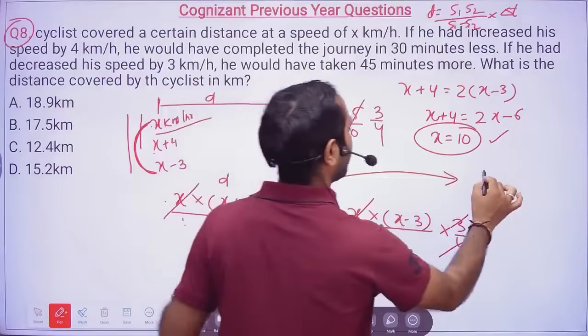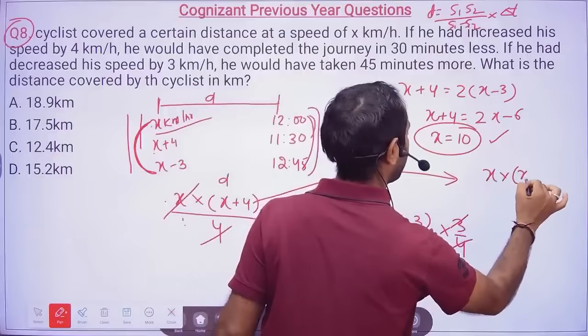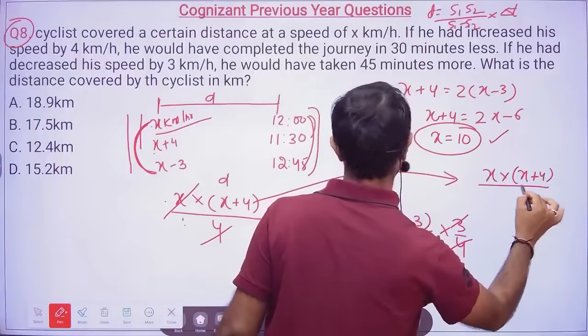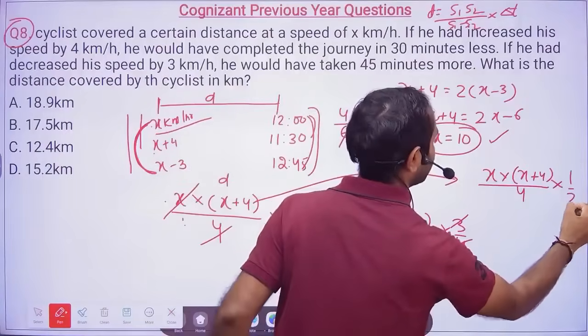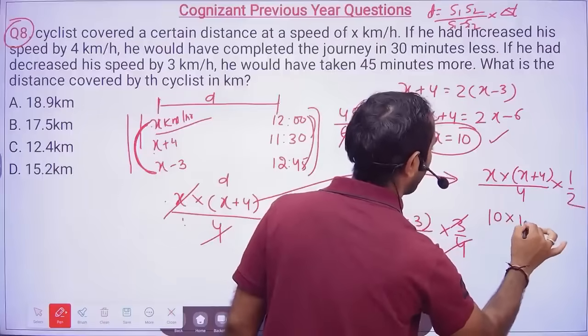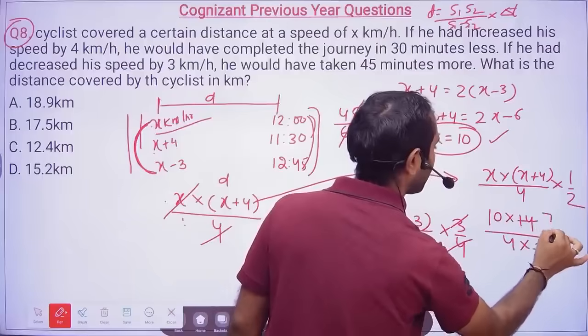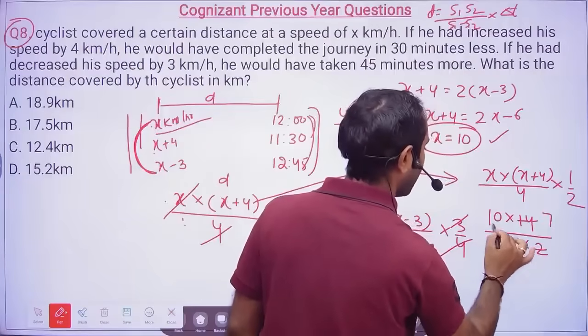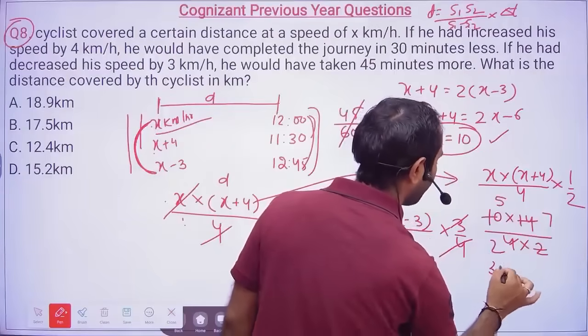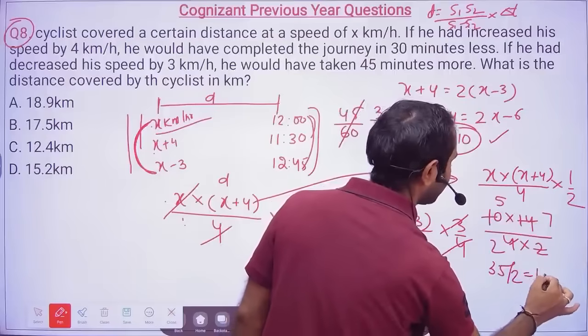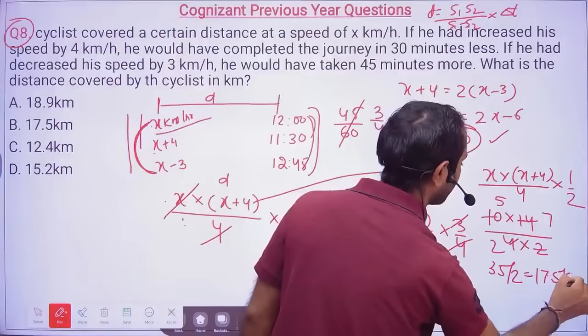So x into (x plus 4) divided by 4 into 1 by 2. Since x is 10, it is 10 into 14 divided by 4 into 2. 2 sevens are 14, and 2 twos are 4, and 2 fives are 10. So 35 divided by 2, so the distance will be 17.5 kilometer.